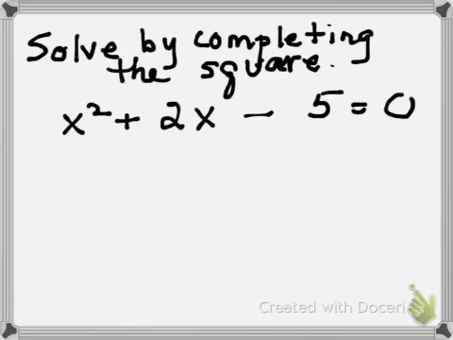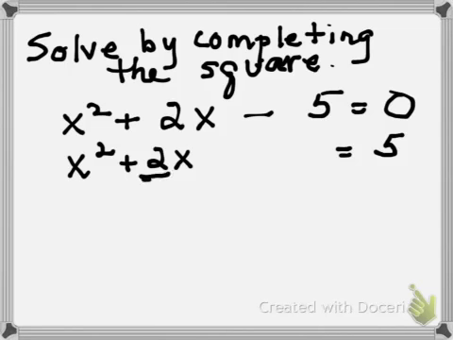Not every problem works well by completing the square, and it's a little bit more involved. Here is the process that you use. First, you want to move the constant to the other side of the equation. So we just have x squared plus 2x is equal to 5. Now, you have to take 1/2 the coefficient of the linear term.